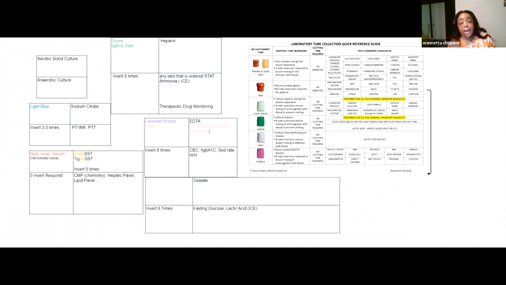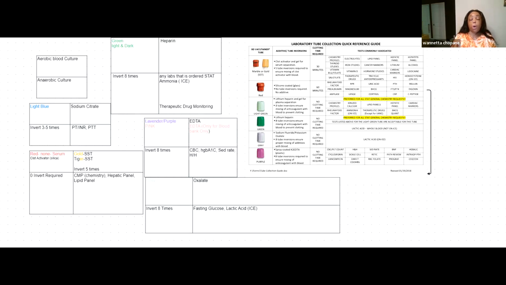Okay, so just keep that in mind. Also, I can't remember if it was this class, but a few people have asked me, well, how do you know that L is not for light blue? It's not going to be labeled that way. If it is, it'll be LB for light blue. Okay.